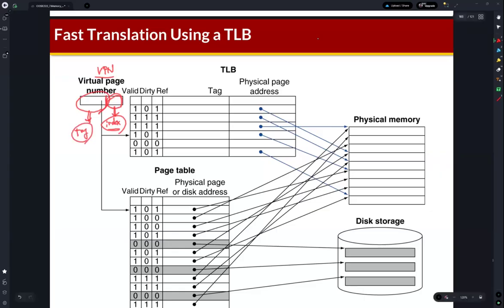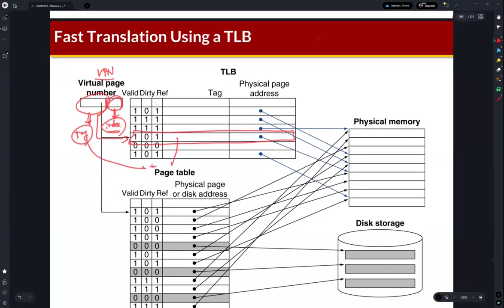So using this index, we can access the TLB set. This TLB is a direct mapped cache, a direct mapped TLB, which means one set of the TLB includes just one page table entry. With the index field, we can access the TLB, and then we need to compare the tag.